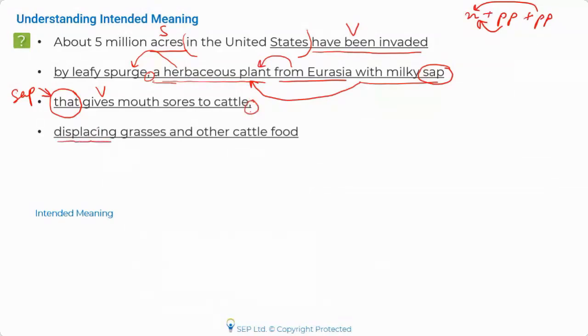So this will modify the nearest verb. This is the nearest verb, right? So basically we are saying sap that gives mouth sores to cattle, and by giving mouth sores to cattle, sap is displacing grasses and other cattle food. Does it make sense, guys, to say the sap is displacing the grasses?